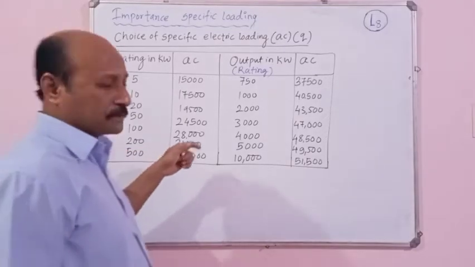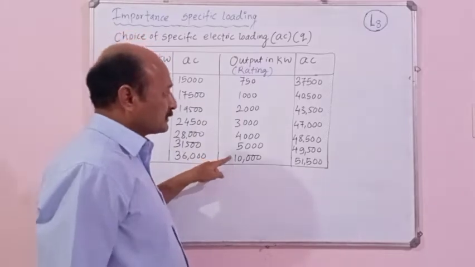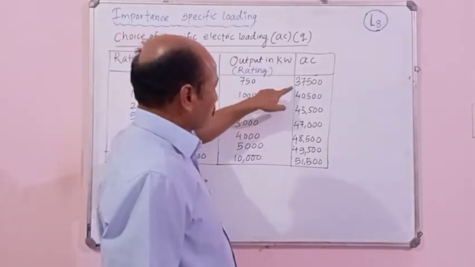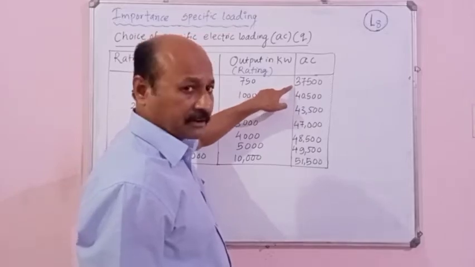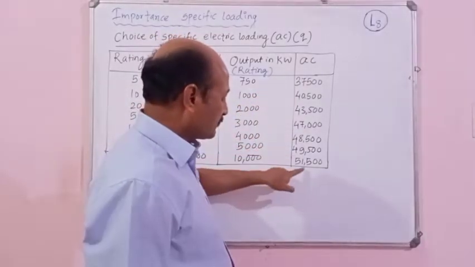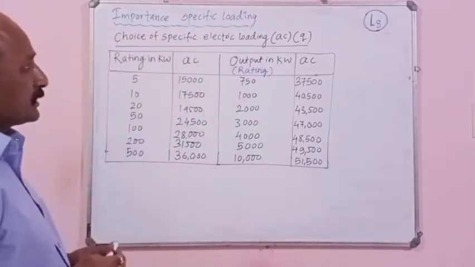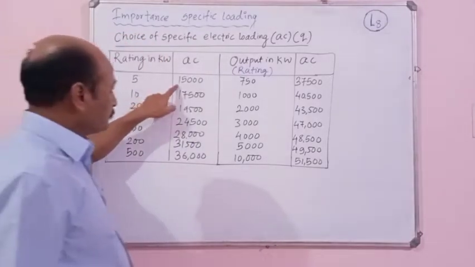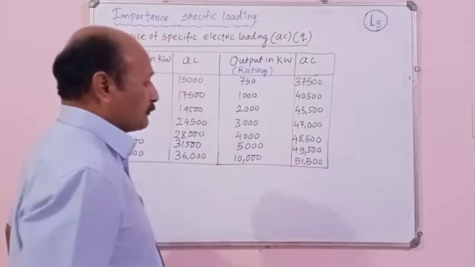Further increase in output in kilowatt, 750 to 10,000, the specific electric loading increases from 37,500 to 51,500. So in this way, the specific electric loading values vary from 15,000 to 51,500 ampere turn per meter.